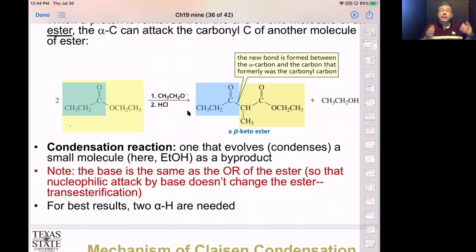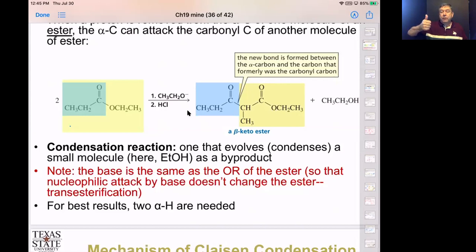Okay. The addition reaction gives us a tetrahedral center. Now we can go on and make it into a condensation reaction, but the fact is that the aldol can stop at that addition reaction. And then if we heat it with acid or base, we can move on to the condensation reaction.